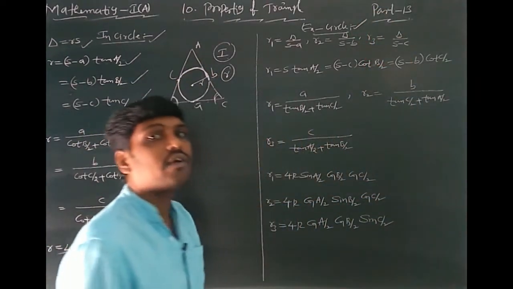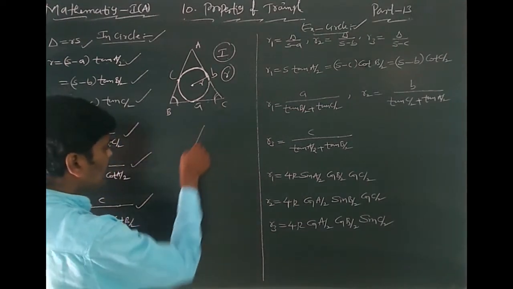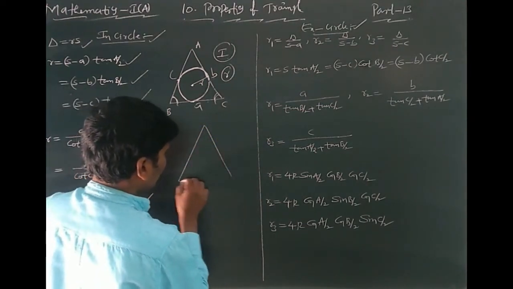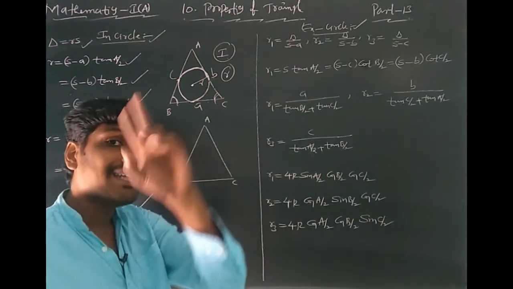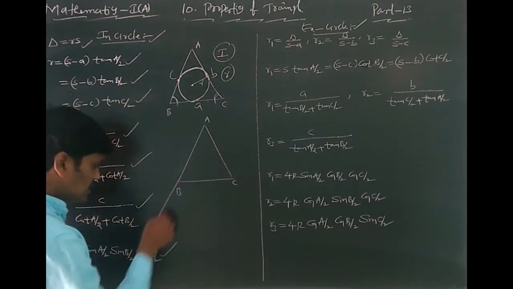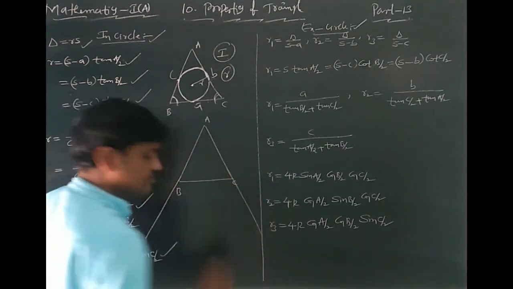Next we go to the ex circle. What is the meaning of ex circle? Here is triangle ABC, and a total of 3 ex circles is there. In triangle ABC, extend the sides.